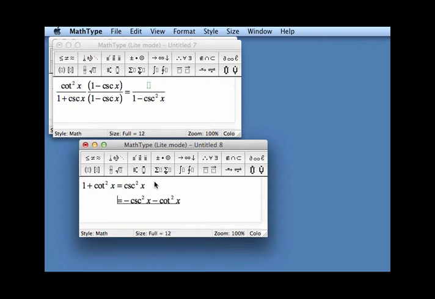And on this side, do the same thing. And that produces 1. The cotangent squareds cancel out, but I still have a minus cosecant squared of x. And on this side, the cosecant squareds cancel out, but I've got a minus cotangent squared of x.